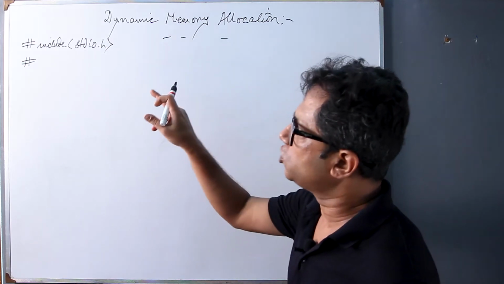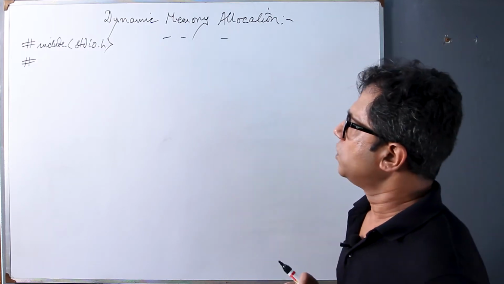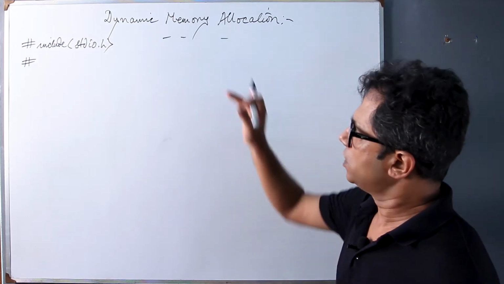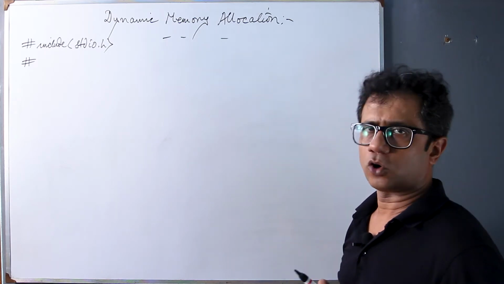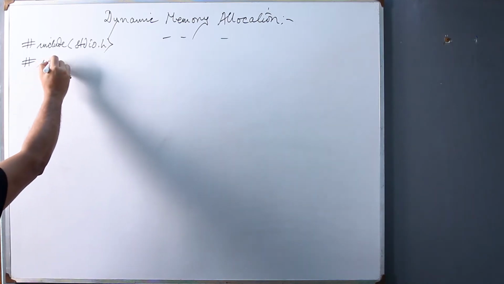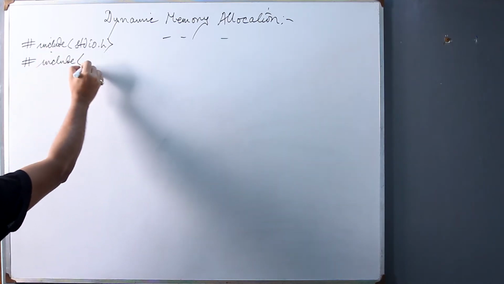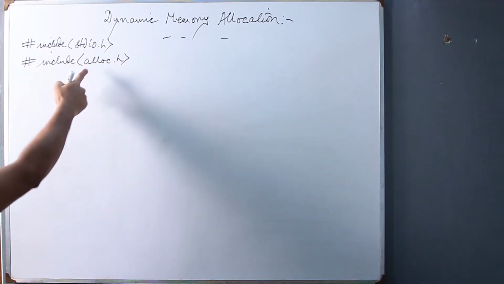So, we are going to include another header file in this program after the inclusion of the stdio.h header file. So, I am just going to write #include <alloc.h>.